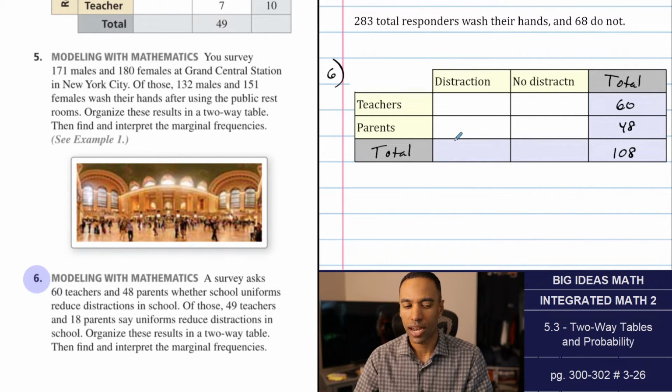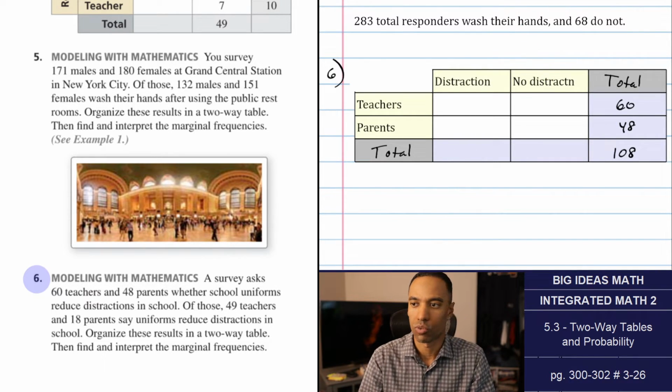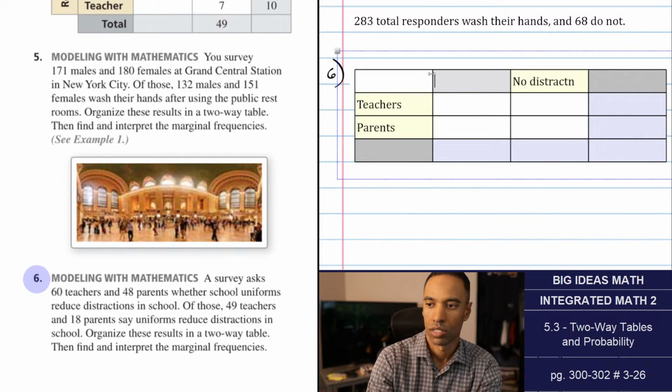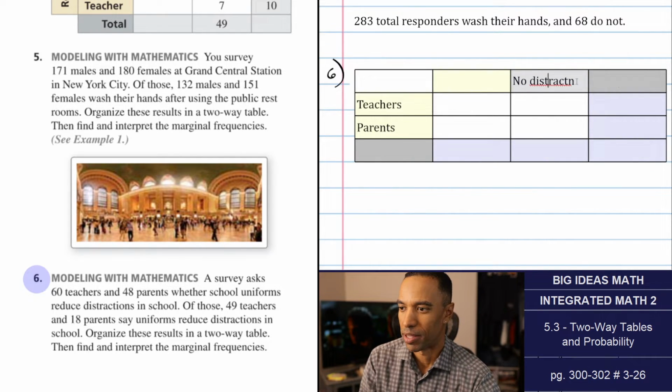49 teachers and 18 parents say uniforms reduce distractions. So not a distraction for uniforms is this one. Let's see. Reduce distraction. I'm going to write them. Sorry about this, y'all.